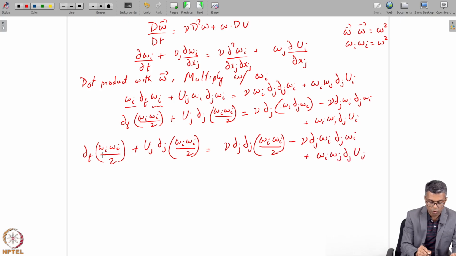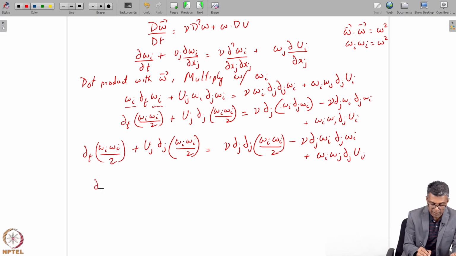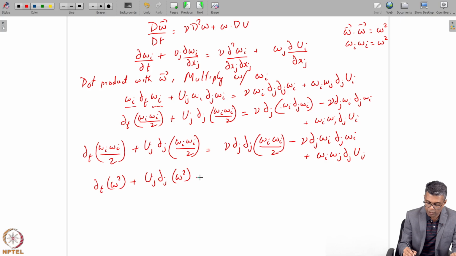Now as you can see, omega I is just entropy. I end up multiplying the entire equation by 2, so then what I'll have is del t omega squared plus uj del j omega squared equals, then I end up multiplying by 2, isn't it?